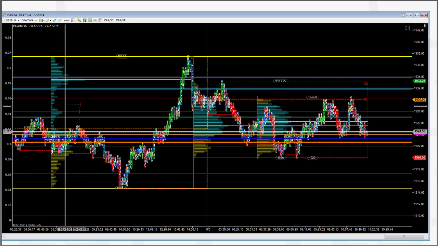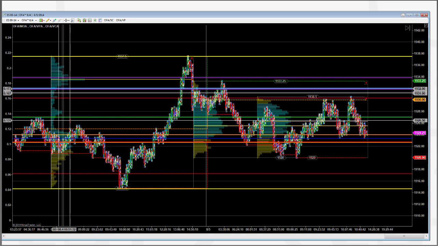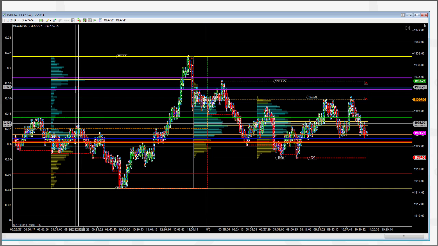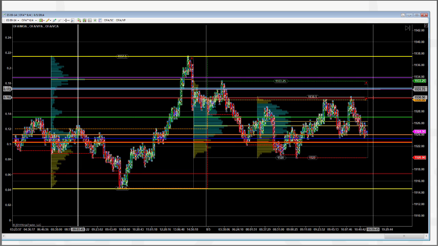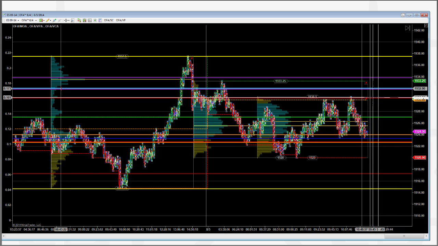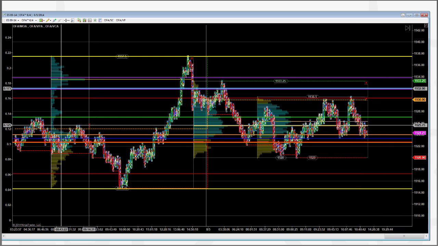When the volume profile doesn't create that and leaves these holes, when the market moves back into that area, it will typically fill this in. So what I was looking for is price, once above this level, to continue up and build out the volume.